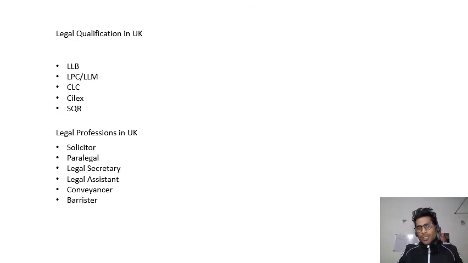The traditional way to become a solicitor was that you would do LLB, LPC, a 2-year training contract, and you would become a solicitor. But now this has changed. Now you just need to take the SQE, the solicitor qualification examination, and after it, a training contract, and you will become a solicitor. All of these qualifications require some experience as well.